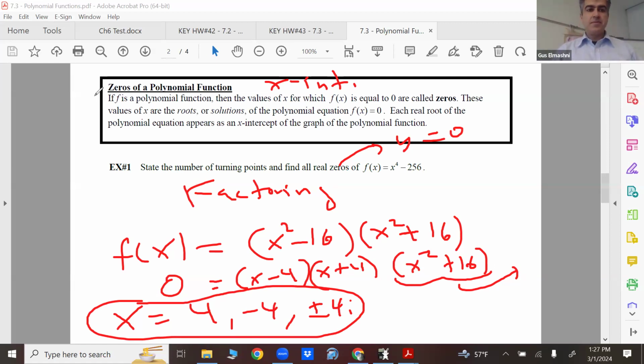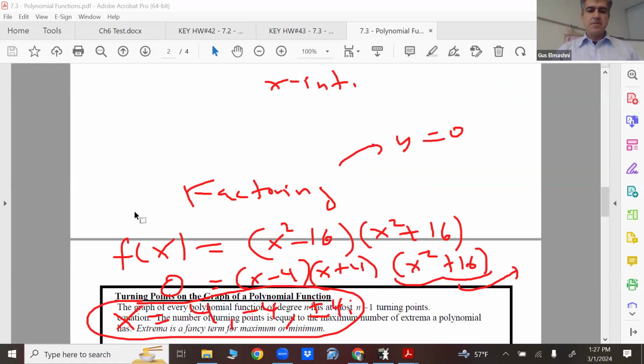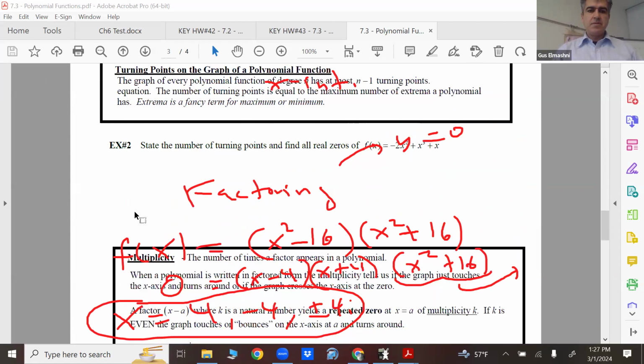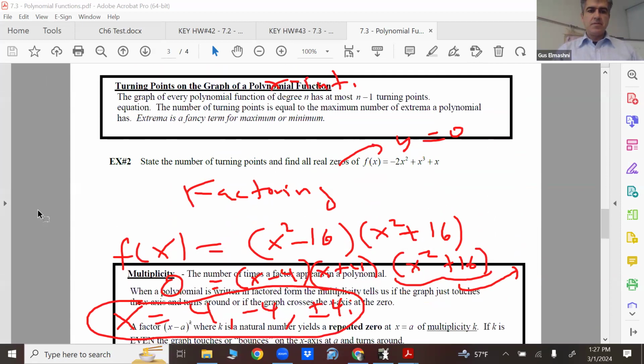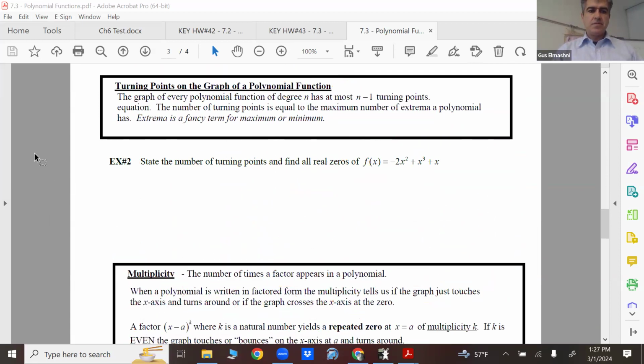We're good? Okay. You could use Desmos, I guess, if you wanted to. But here's the thing: the number of turning points will be at most n minus 1, where n is the degree.